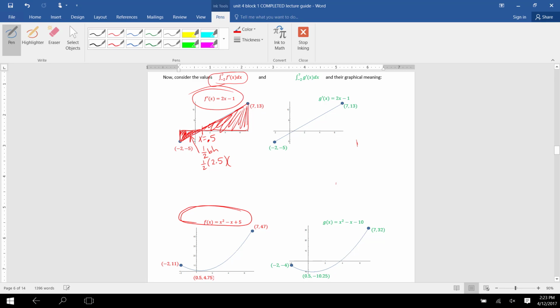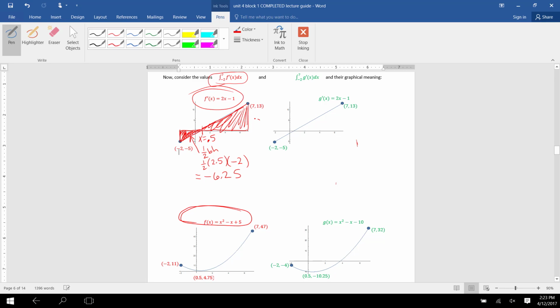And the height of the function is -2. Remember, area can't be negative, but a definite integral definitely can be negative. When it's below the x-axis, we're going to get this negative accumulated change value. When I multiply that all out, I get a value of -6.25.